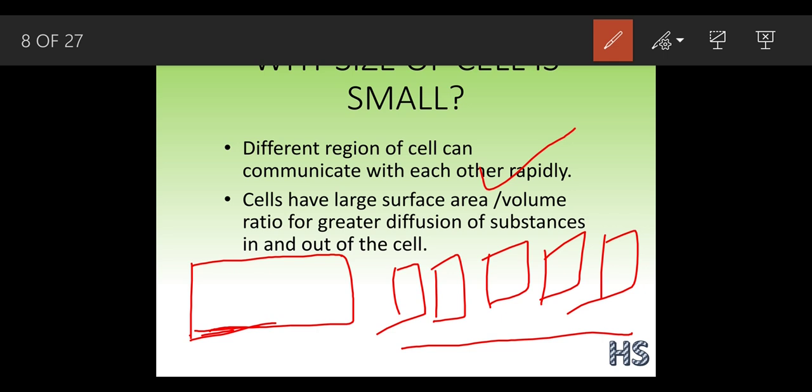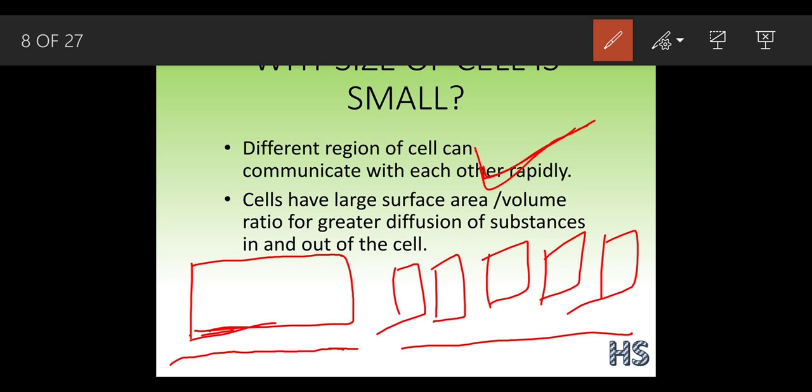Why? Because here the surface area of the bread is quite less, so it takes a lot of time to get baked. But here there is a larger surface area, so because of this larger surface area, the bread gets baked very easily.